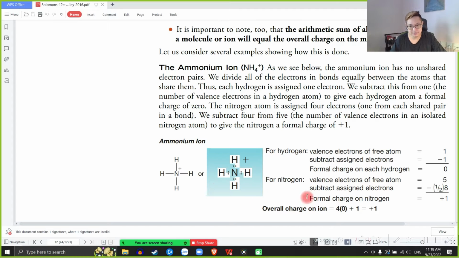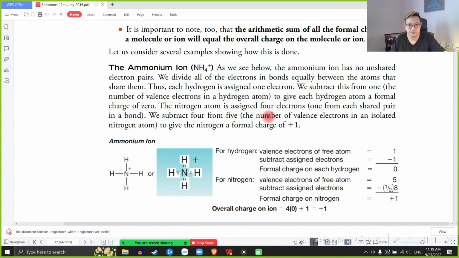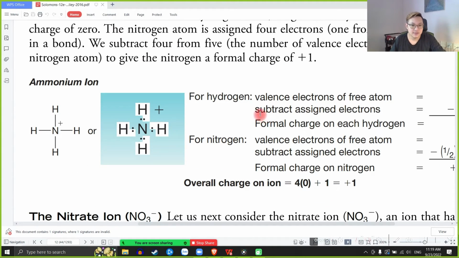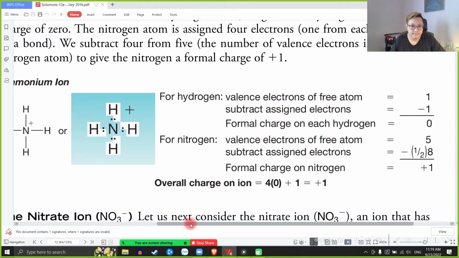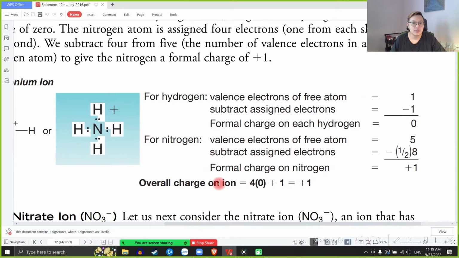How about for nitrogen? Nitrogen is group 5, so the valence electron of a free atom is 5. And then it has 8 electrons to share with the others. So half of that is 4.